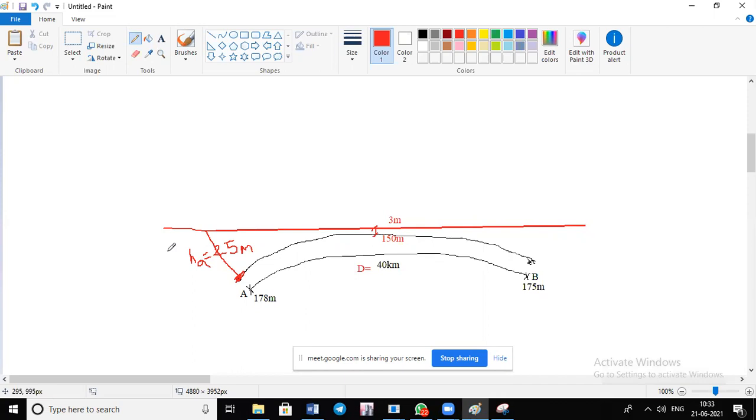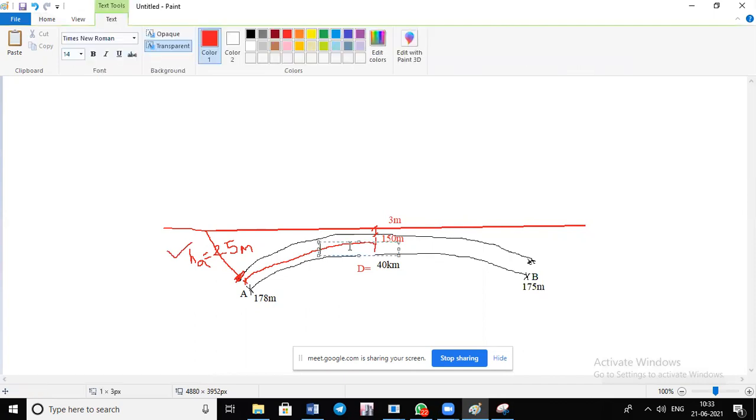Now with respect to this HA, we can calculate the distance DA up to the intervening ground.